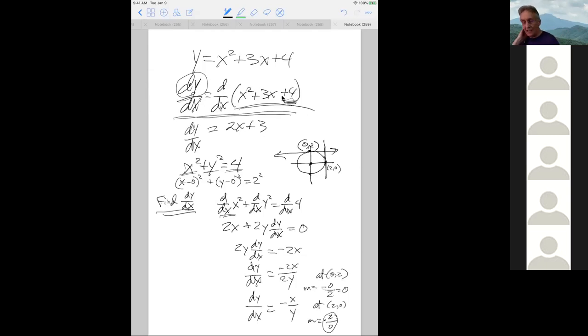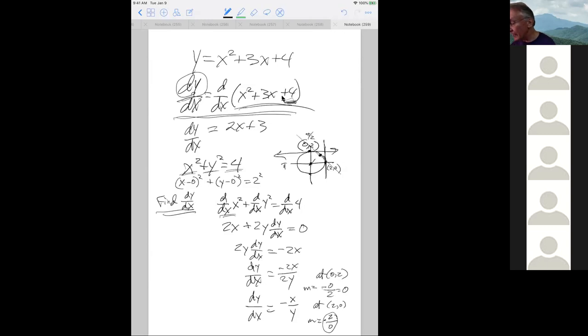I'll tell you what, one other problem I'd like to show you, and let's do it right now, is let's do the coordinates. I know this is going to be a little bit garbled here, but I'll hit it. If we find the slope of the tangent line right there at 45 degrees, that's pi over 4, okay? On the unit circle, this is pi over 2, and half of that is pi over 4.